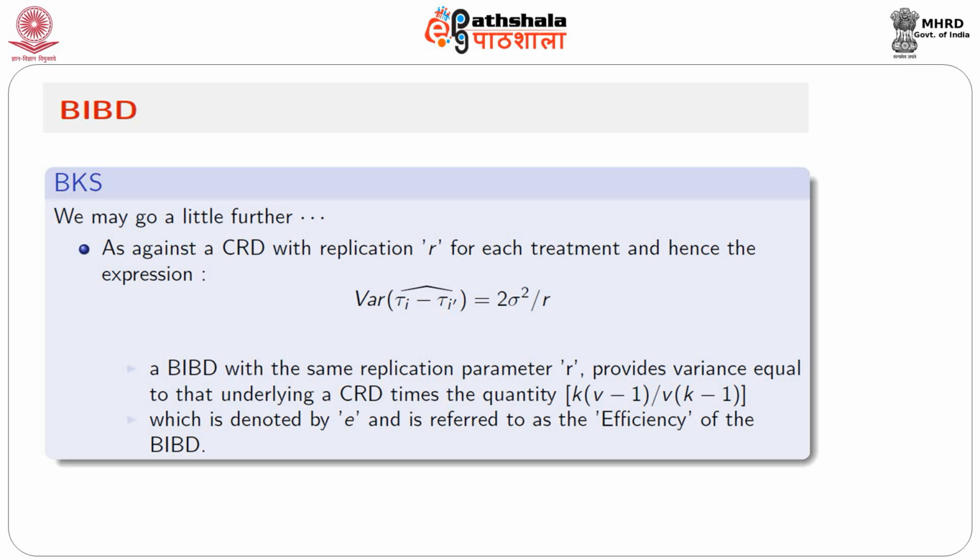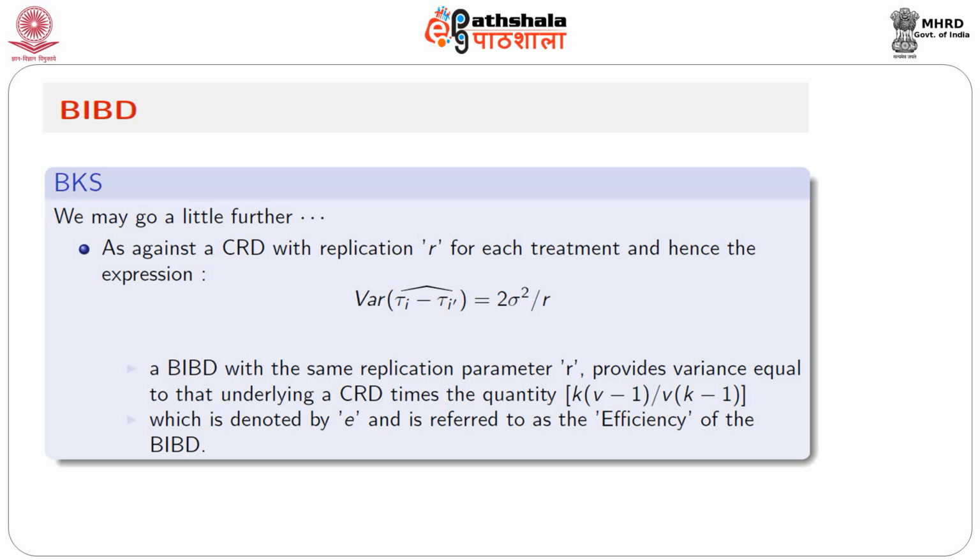The first part, 2 sigma square by r, is an expression for the variance of the estimate of the treatment difference in the context of a CRD with replication r, or in the context of an RBD with replication r. Because the RBD is an orthogonal design, there is no difference between the expression for the variance for CRD as against RBD with the same replication parameter r.